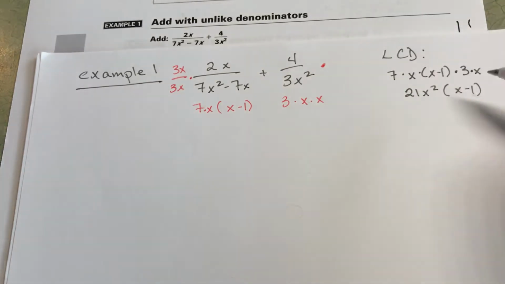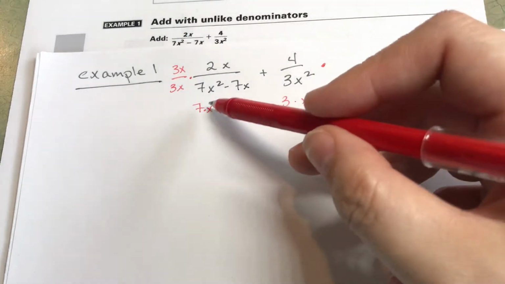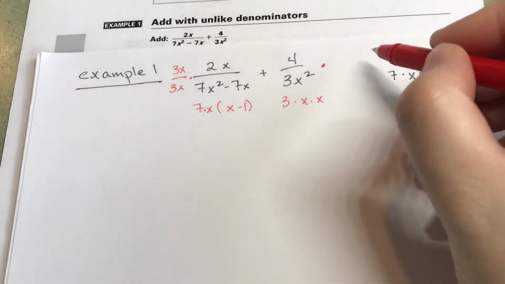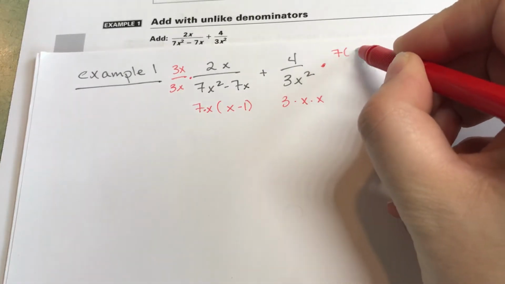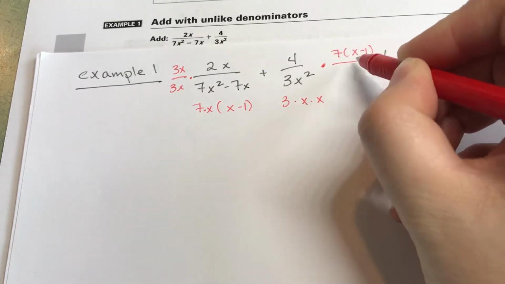Over here, I have 2 x's, so I don't need the x, but I do need the 7 and the x minus 1.